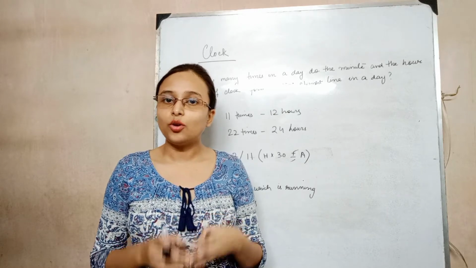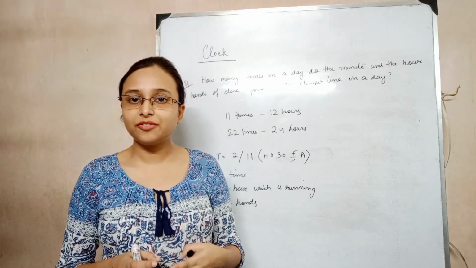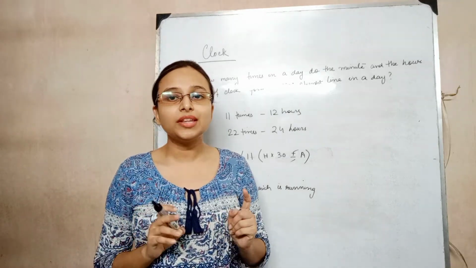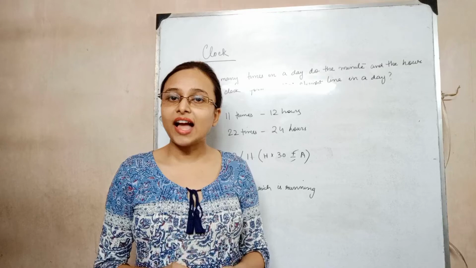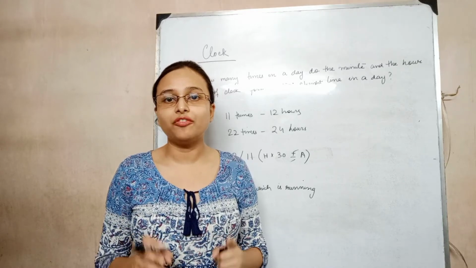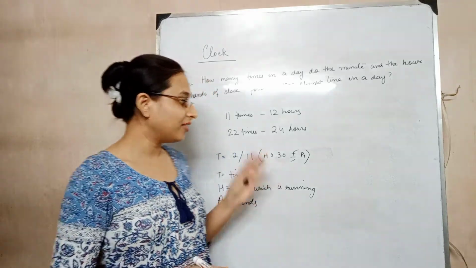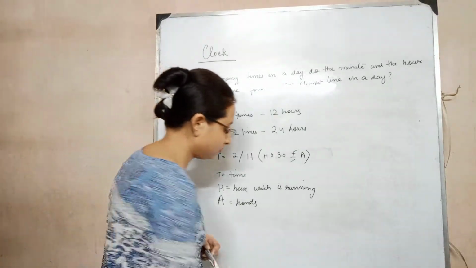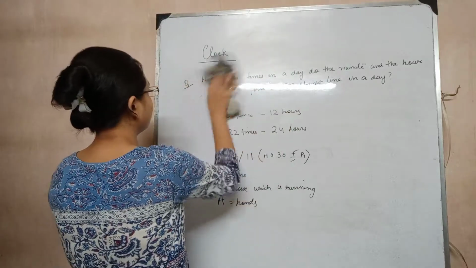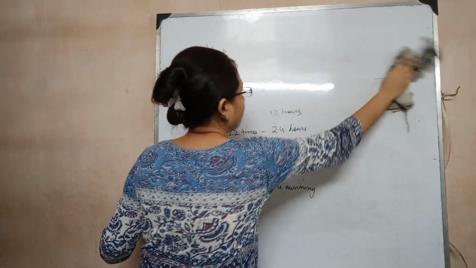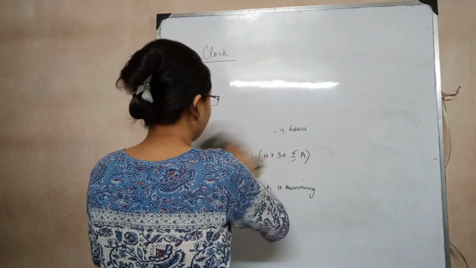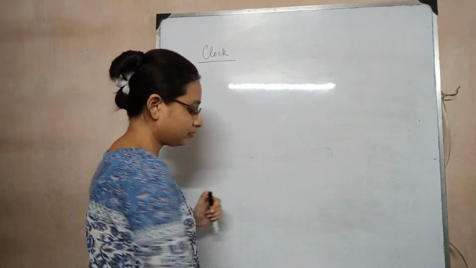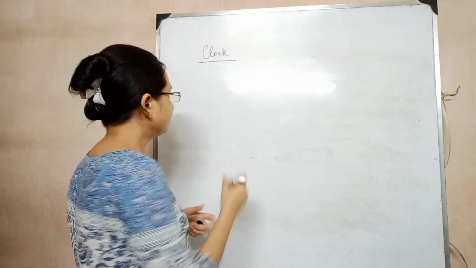Okay. Now let's begin with sums. I will give you sums. The first sum is: at what time between 3 and 4 o'clock do the hands make an angle of 10 degrees? Okay. I will erase this so I can solve this. I'll write down the question.